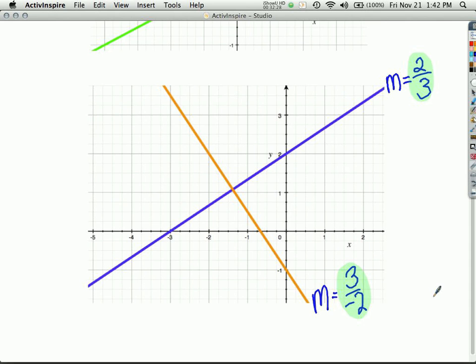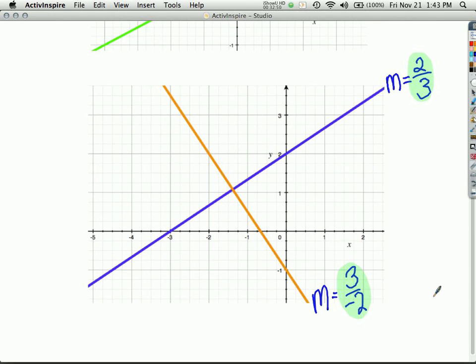Very good. Stop right there. Team E, go ahead. Well, we saw that one line is negative, one line is positive, and they're perpendicular. Okay, how do you know they're perpendicular? Because they're opposite reciprocals. You have to flip the sign and flip the number.